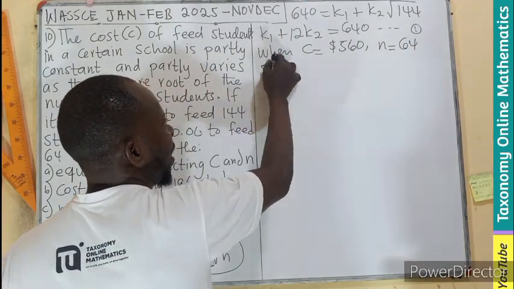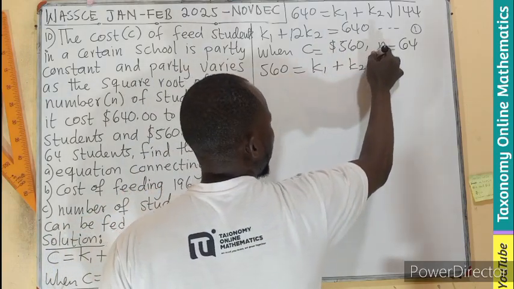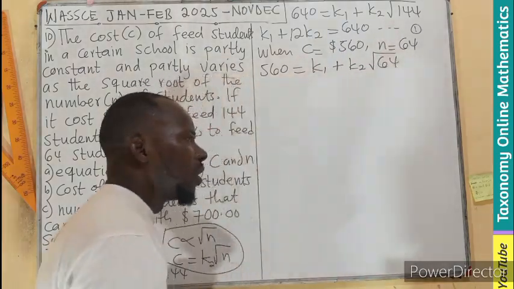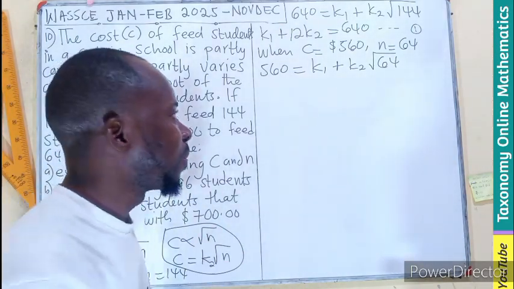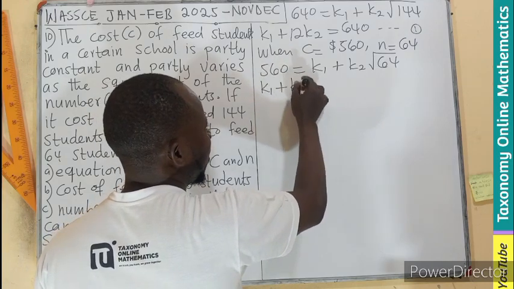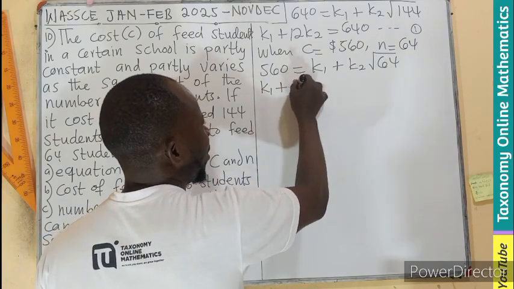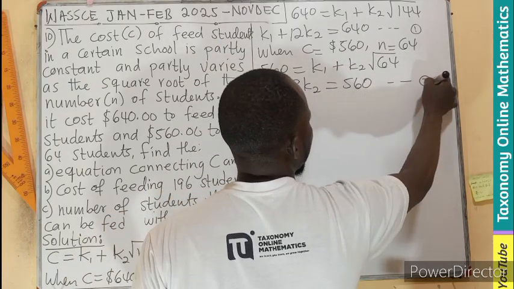C is 560, K1 plus K2 root 64. Remember, root of 64 is 8 times 8, so that will give us 8. So I write K1 plus 8K2 equals 560. Equation 2.